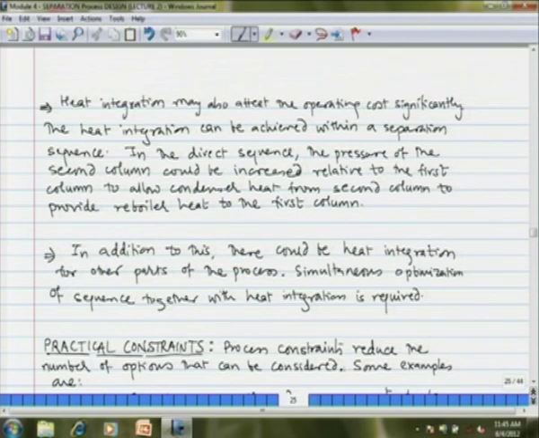Heat integration can be achieved within a separation sequence as well. So, everywhere you are going to require 4 columns. Is it possible to couple these columns? For example, is it possible that you increase the operating pressure of one column so that the condensing temperature of the vapor increases, and then you condense these vapors in the reboiler of the second column, by reducing the pressure there, so that you create sufficient temperature difference in the reboiler.